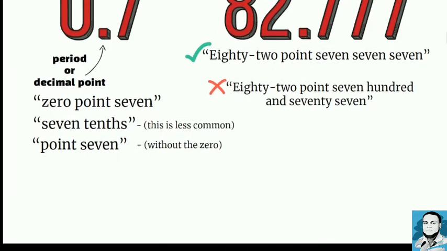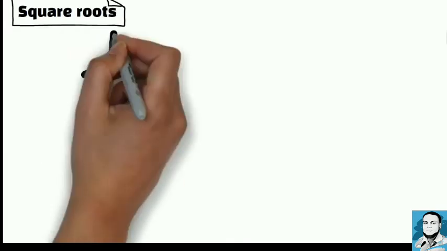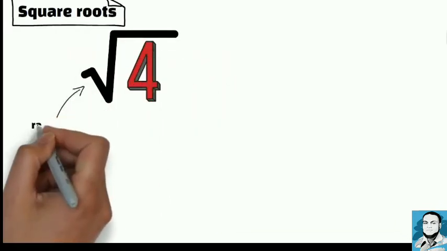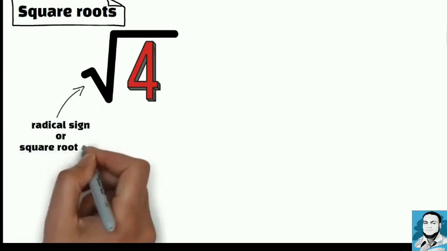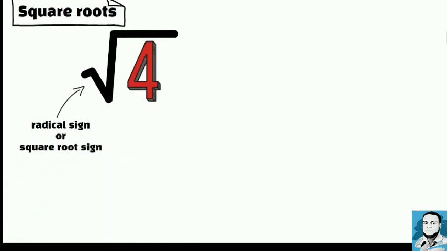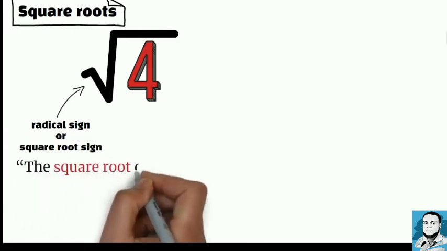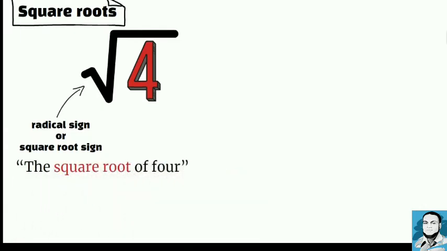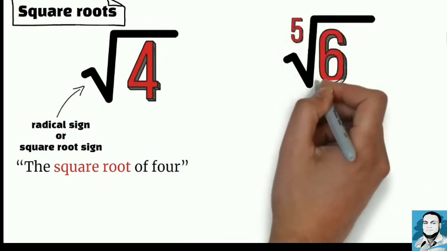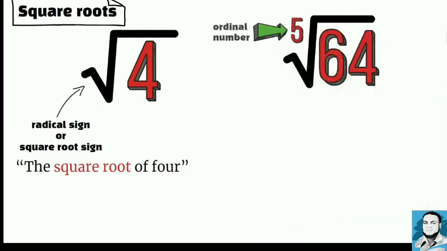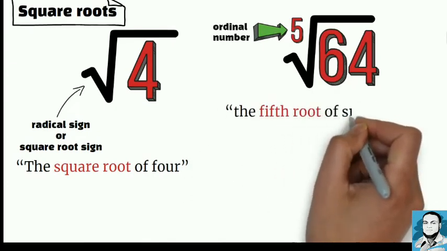Alright, let's move on to square roots. The first symbol you see is the radical sign. Sometimes it's also called the square root sign. This is how we read this. The square root of 4. If there is a number above the radical sign, then we use an ordinal number to refer to it, the 5th root of 64.